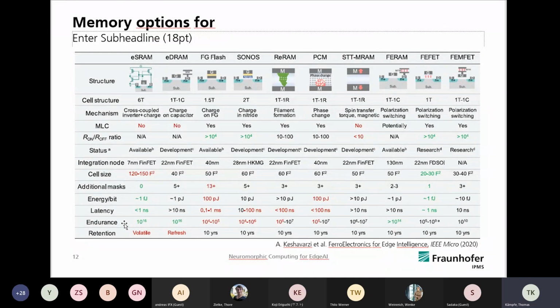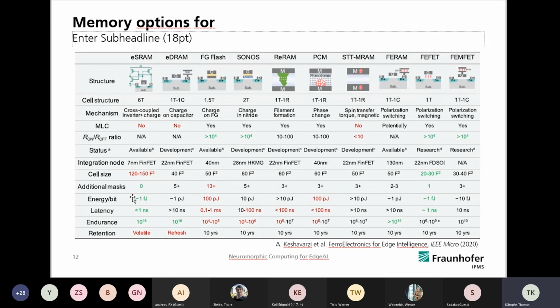Furthermore, endurance is an important factor. So the more you can write this memory element, the more you can reconfigure the neural network inside. So either between different inferences, so between running the accelerator or running the complete neural network, or even between different layers in the neural networks.